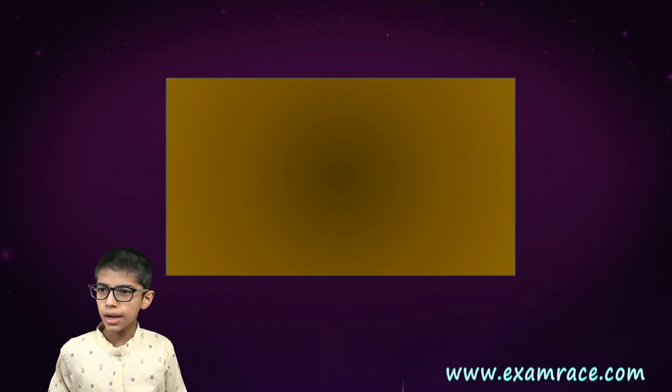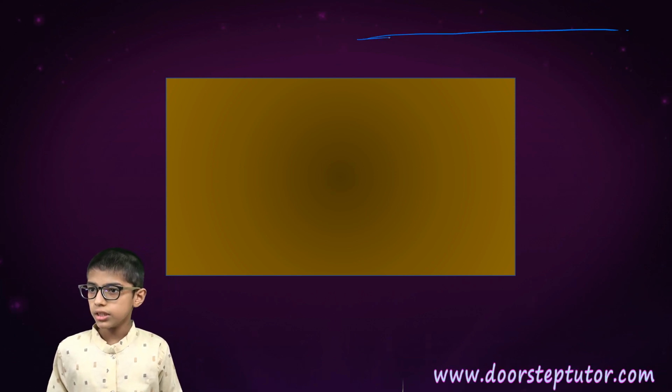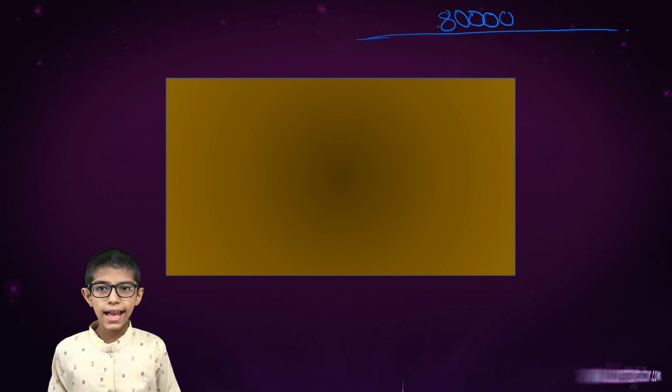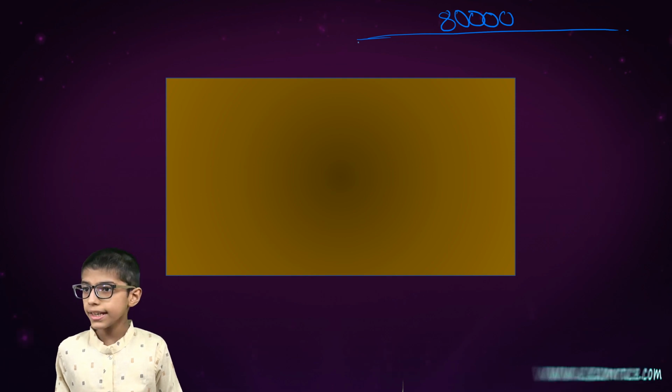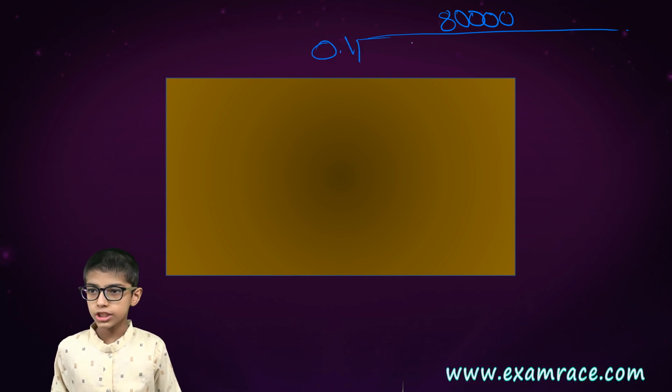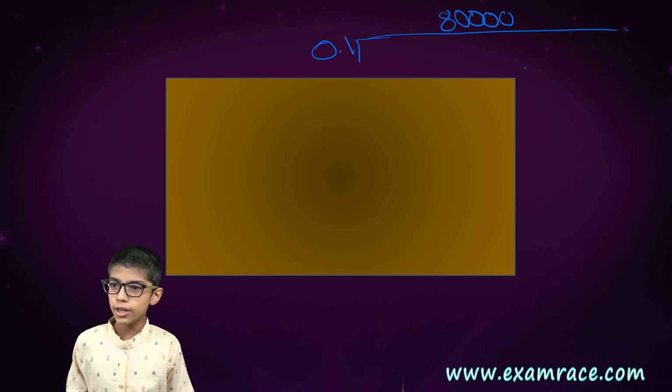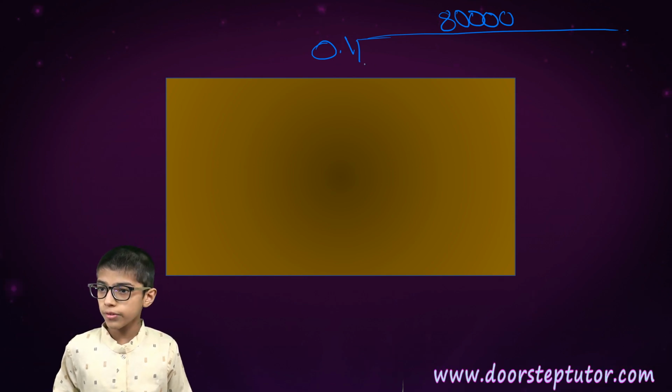So Anar made a very long rectangle which had 80,000 as its length and 0.1 as its breadth. So can you imagine how much gold wire the king had to give?